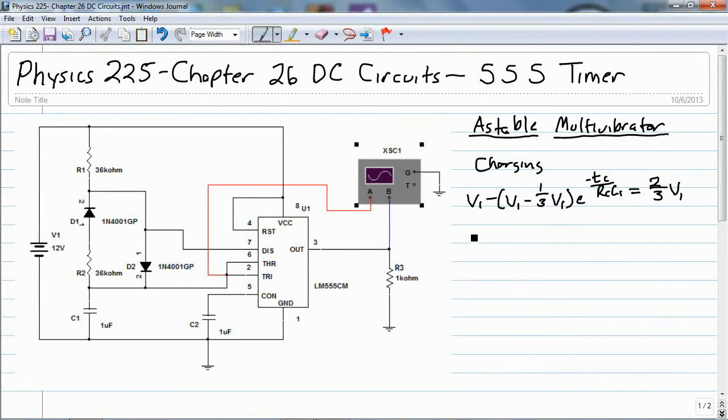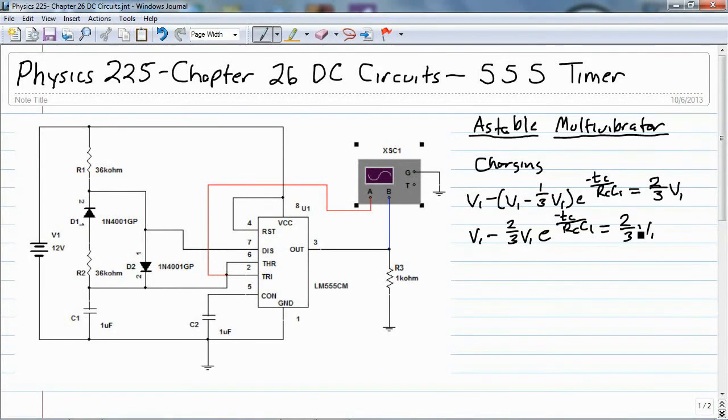So we have V1 minus, we have 1 minus 1/3 is 2/3 V1, E to the negative TC over RC C1 is equal to 2/3 V1.